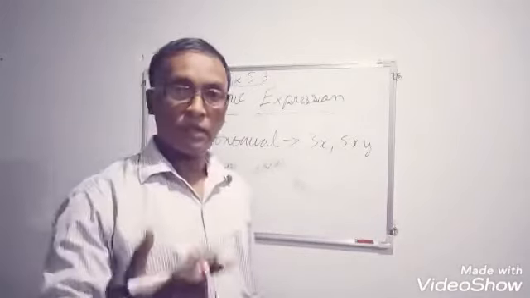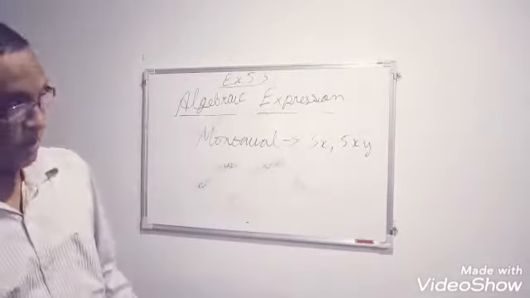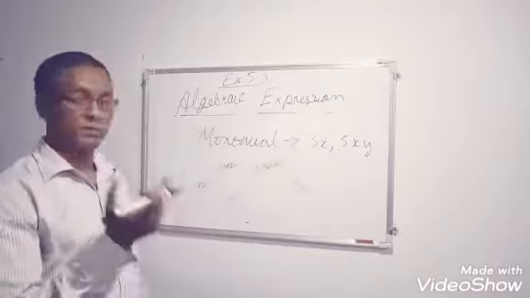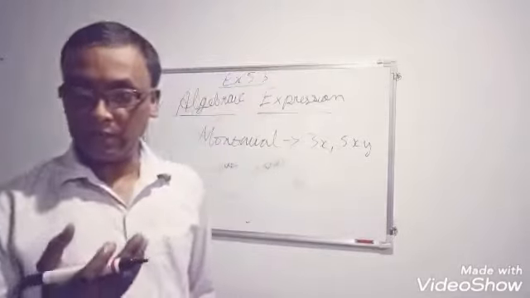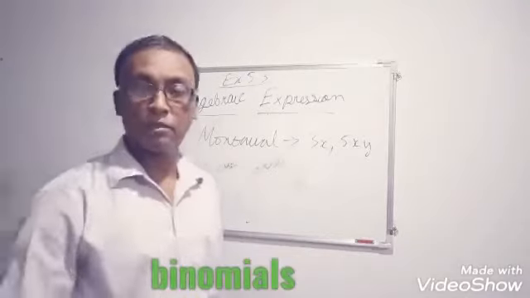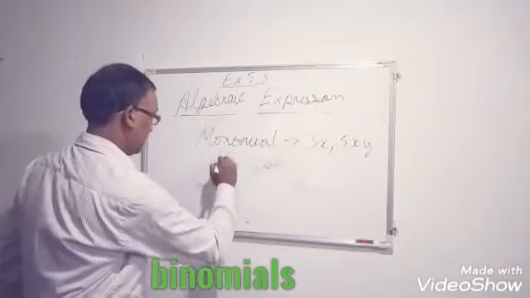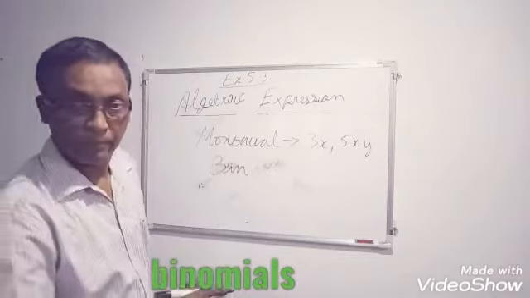If the expression has only one term, it is called a monomial. Similarly, if an expression contains two terms, then it is a binomial.